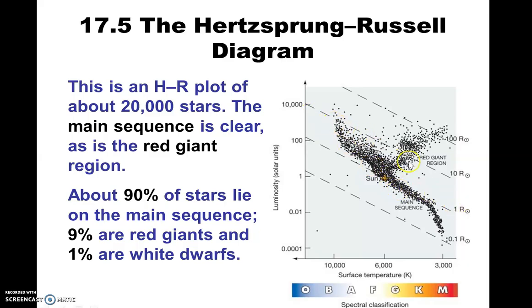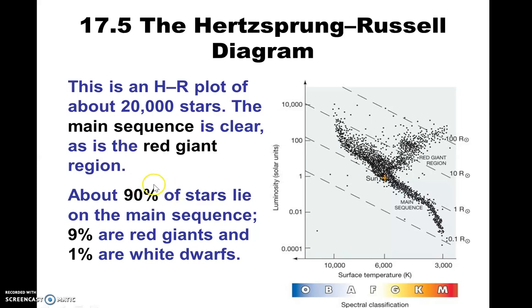This straight line right here would be 10 times, and then 100 times. This would be 1/10 the size. So anything along this line would be 1/10 the size of the sun. And then, of course, you can get down to 1/100th, 0.01, and then 1/1000th, and so forth.